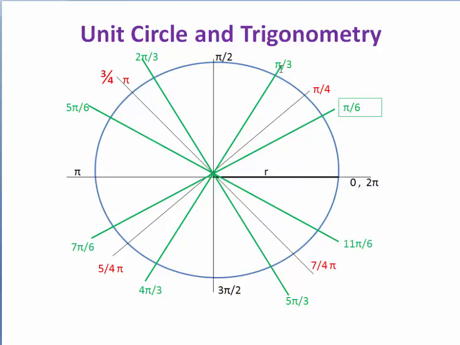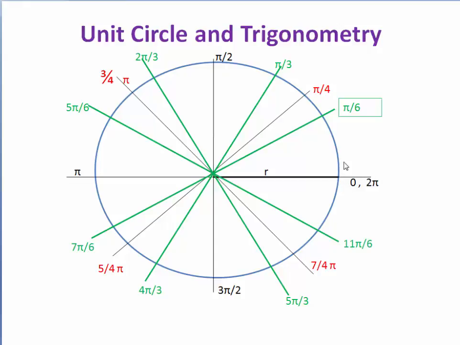So this would be 2 pi over 6, which is pi over 3 when simplified. 3 pi over 6, which is pi over 2. 4 pi over 6, which is 2 pi over 3 when we simplify it. 5 pi over 6. 6 pi over 6 when we simplify is pi. 7 pi over 6. 8 pi over 6 when we simplify becomes 4 pi over 3. 9 pi over 6 simplified, 3 pi over 2. 10 pi over 6 when we simplify becomes 5 pi over 3. 11 pi over 6, and then finally 12 pi over 6, which is 2 pi simplified.